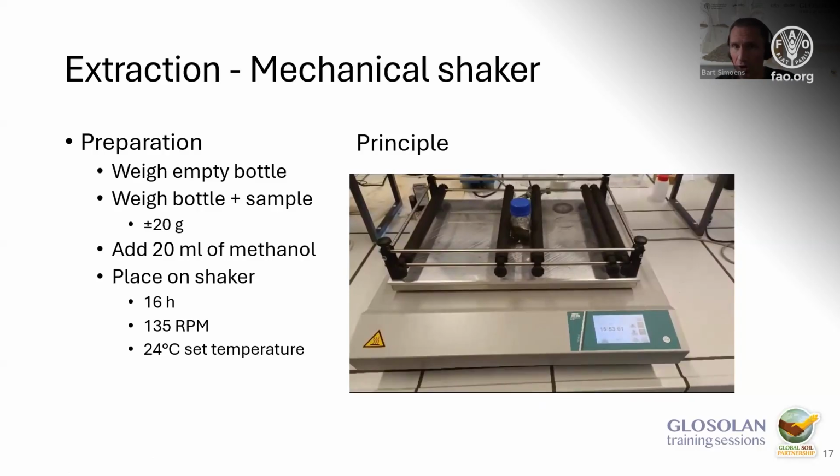You can put a lot of jars on it. They are all shaken and extracted at the same time, so it's a lot less intensive work than the Soxhlet extraction. But for those who will be joining us at the Academy, we'll do a little bit of both, of course. And you have to know how to launch a Soxhlet extraction and how to deal with it. So we will launch some of them the evening before you come, so you can start one and end one in the same day.